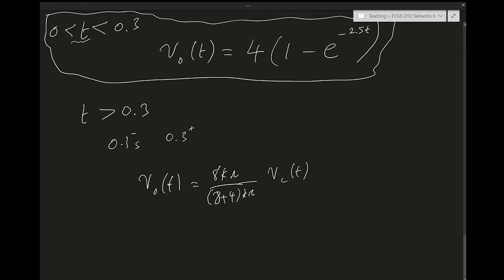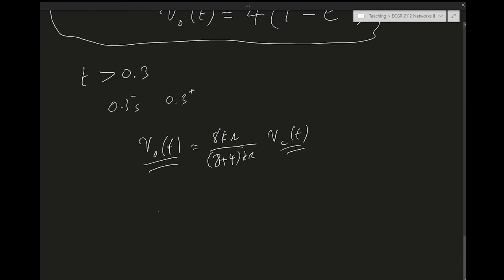right? So I know VO, and VO relates to VC through this voltage divider, so I can write VC(t) as just simply 8 plus 4, which is 12 kilo ohms over 8 kilo ohms times VO(t). So luckily from VO(t) I can easily find VC(t).